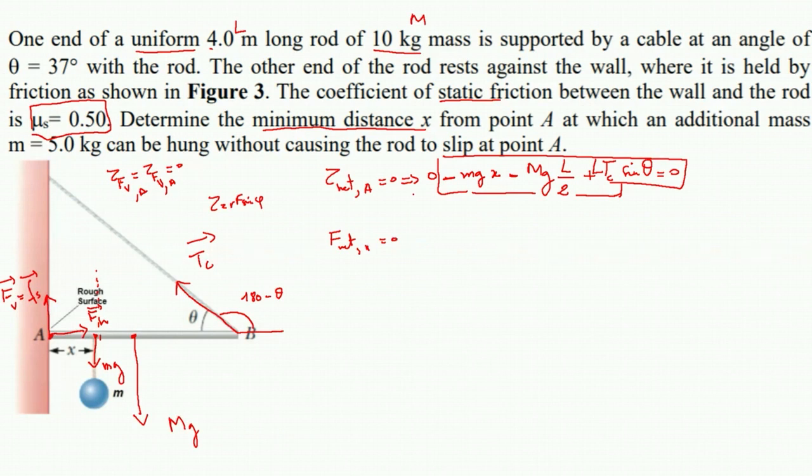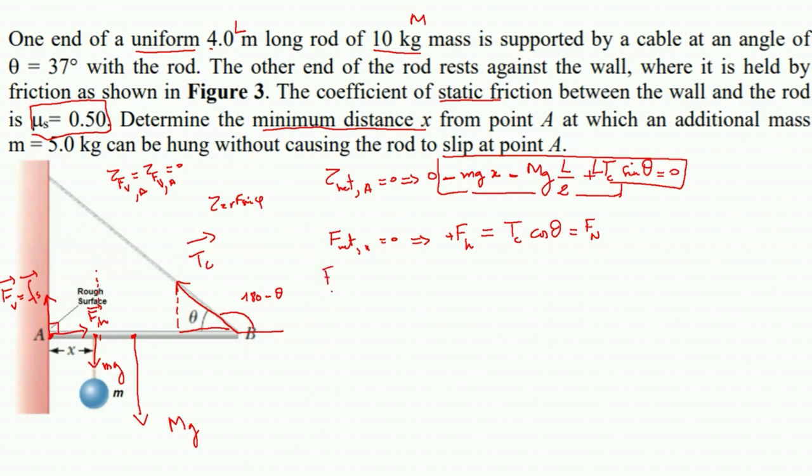So I will have F horizontal minus TC, but here I need this component, so it's TC cosine theta, and this is equal to 0. That means F horizontal is TC cosine theta. And again, I told you that this F horizontal is equal to F normal, the normal force, normal to the surface of the wall. So here you have 90 degrees, of course.